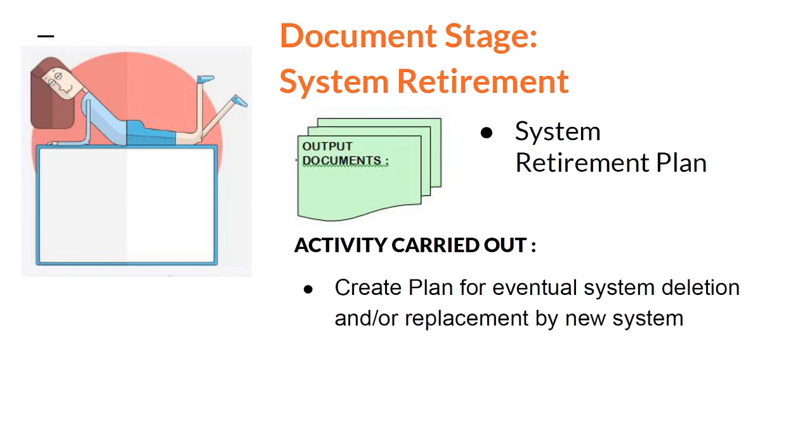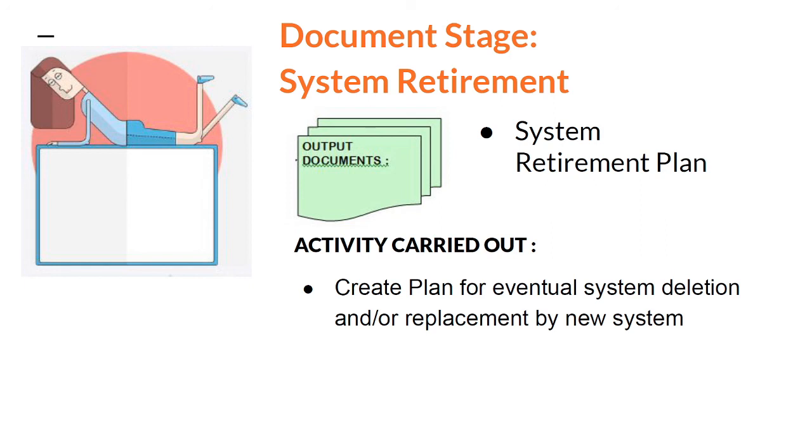Next stage is the system retirement stage. In this stage, the system runs for a few years and eventually becomes out of date, and technology becomes out of date, and the customer will eventually decide to retire or replace that system. So that system will need to be deleted.